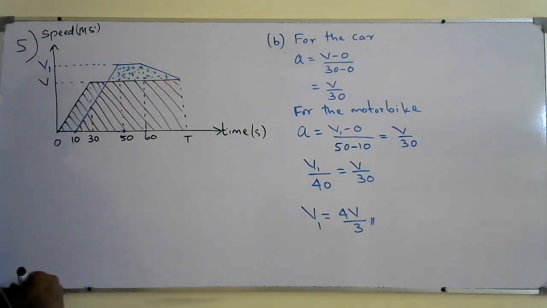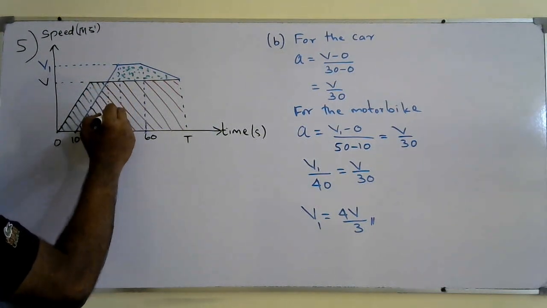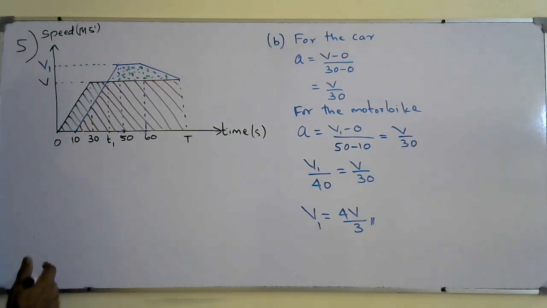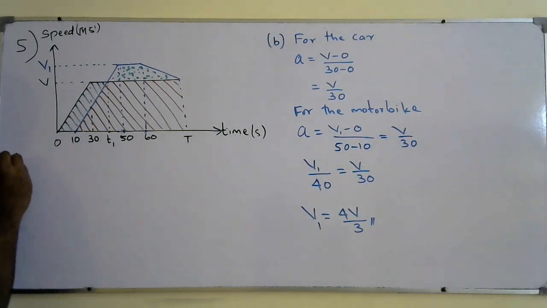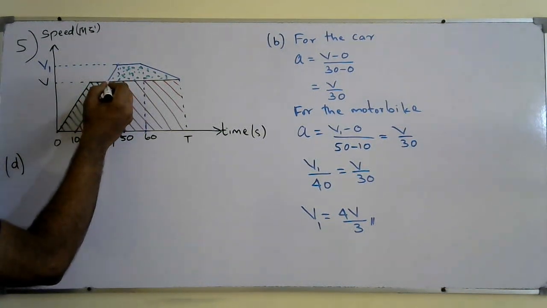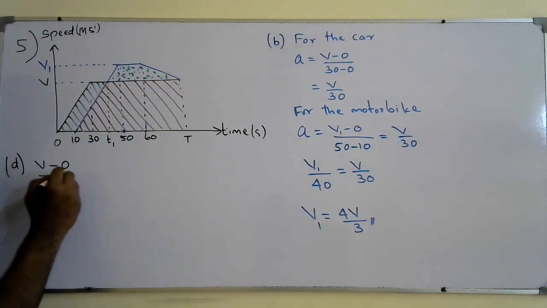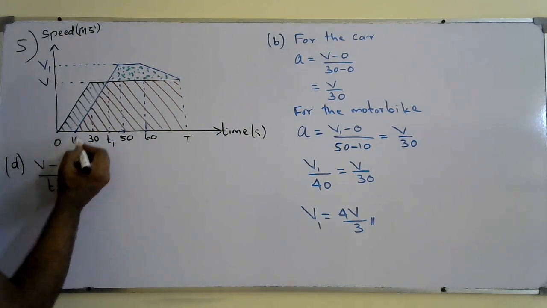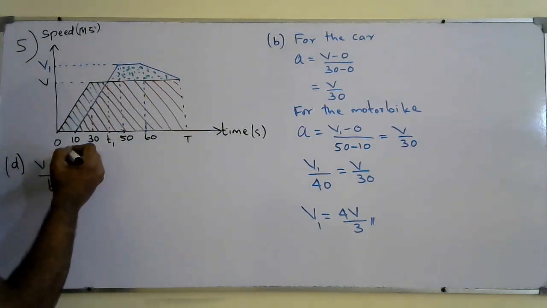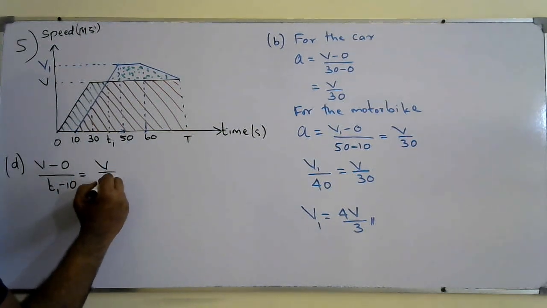In that situation, I need to find the time where both have the same speed. Let that time be t1. Finding t1 is not a big issue, because we know the gradient of this line. The gradient of the motorbike on this blue color line is v minus 0 over t1 minus 10, and we already know it is v over 30.